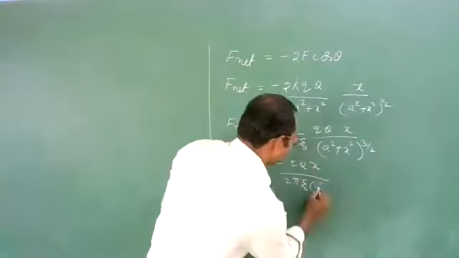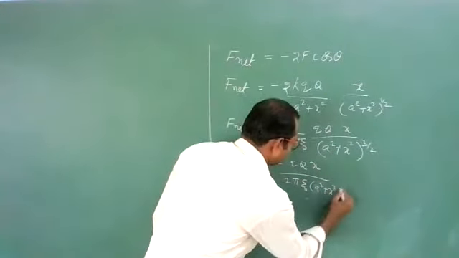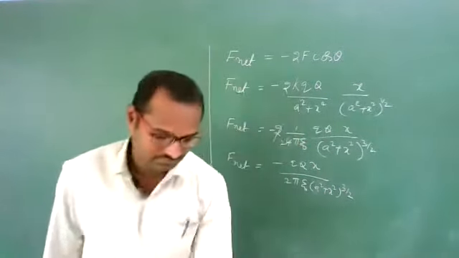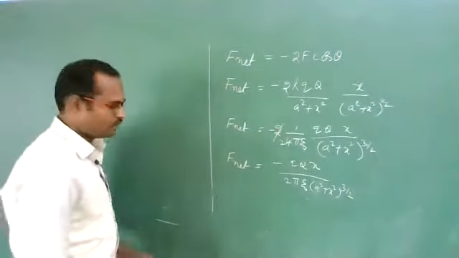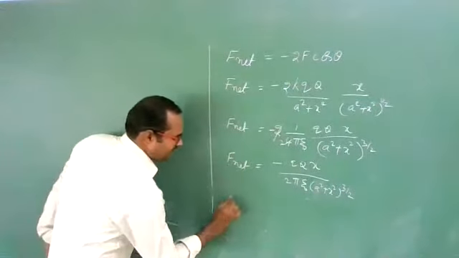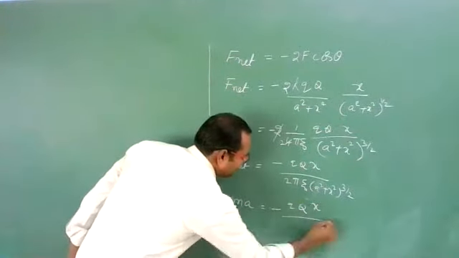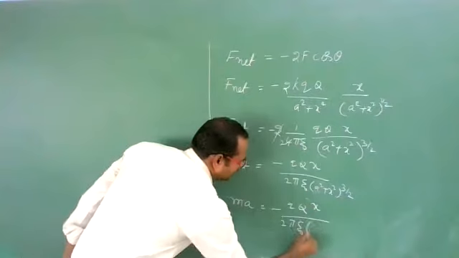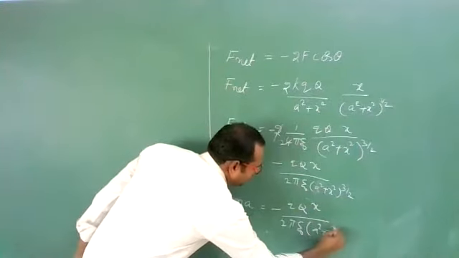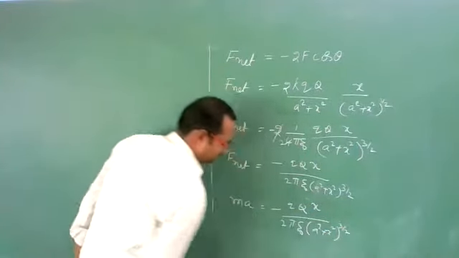Or otherwise you don't take this approximation. What you will get is (A square plus X square) whole power 3 by 2. Now this F net force can be written as MA, which is equal to minus QX divided by 2 pi epsilon naught into (A square plus X square) whole power 3 by 2.